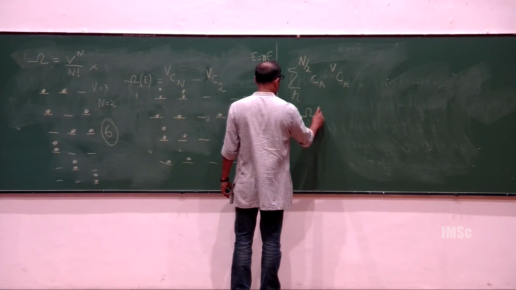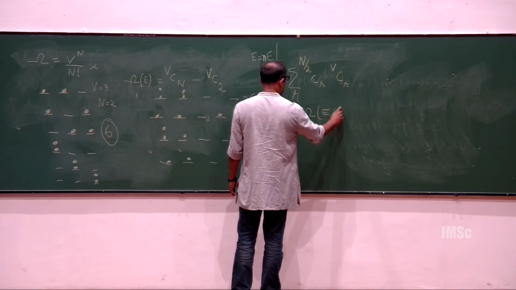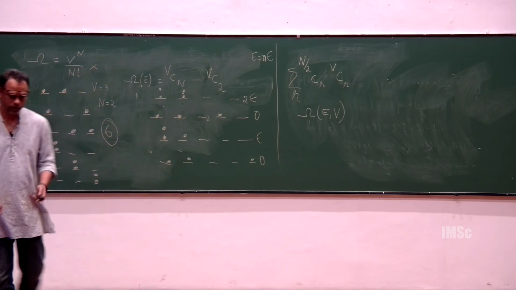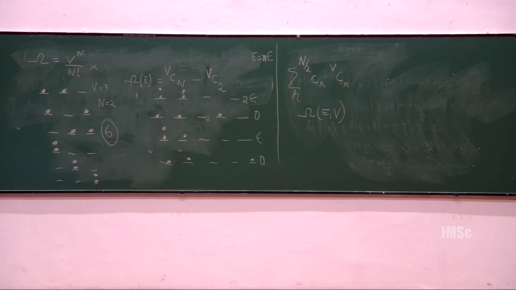And then maybe you can get omega of E comma V. If I sum over all energies, I get back this quantity. If I don't worry about what the energy is, then I get back the top problem, but as a summation.